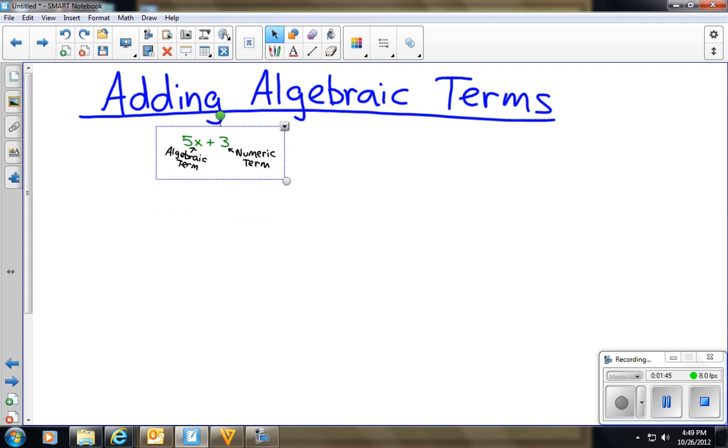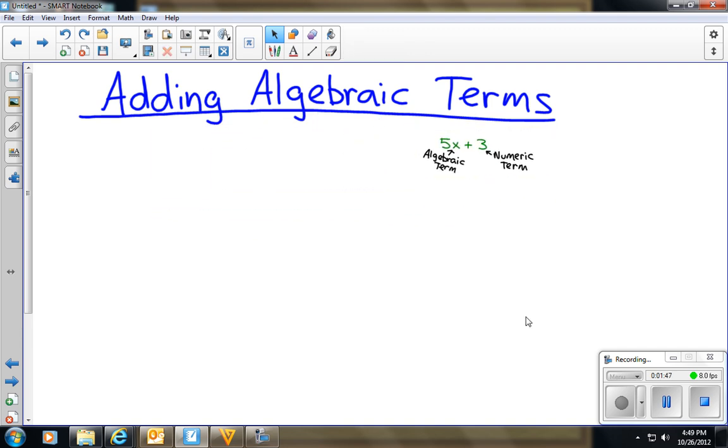Now, with that exact same thing, 5x plus 3, we're going to break this down even further. When you have an algebraic term, you always have two parts to it, no matter what. You first have your variable.